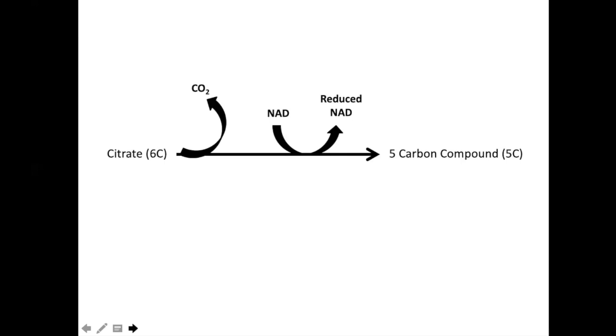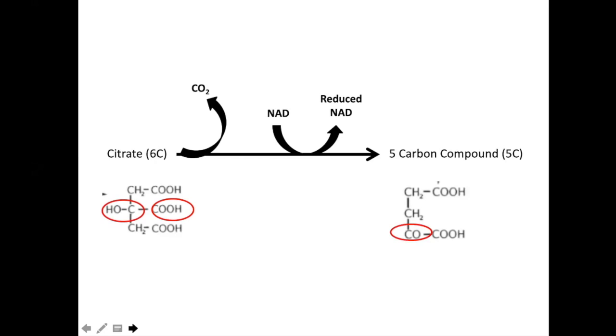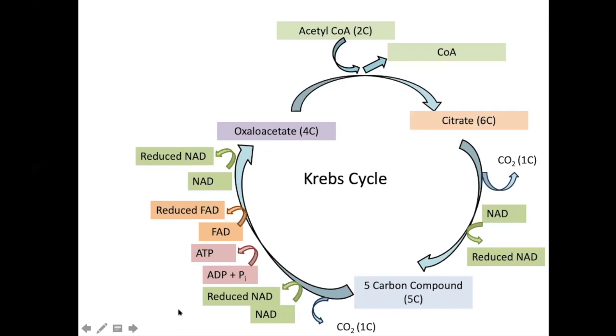And so that's the equation you need to remember there. Citrate, C6, goes to a 5-carbon compound. So that's much simplified. Probably don't get bogged down with mechanisms, but you'll see something's going on around that carbon to reduce it down.